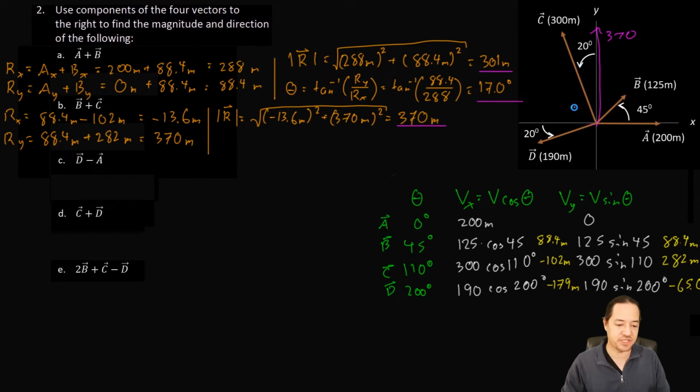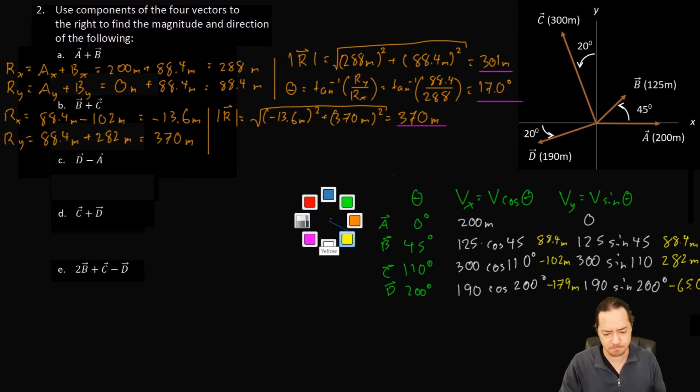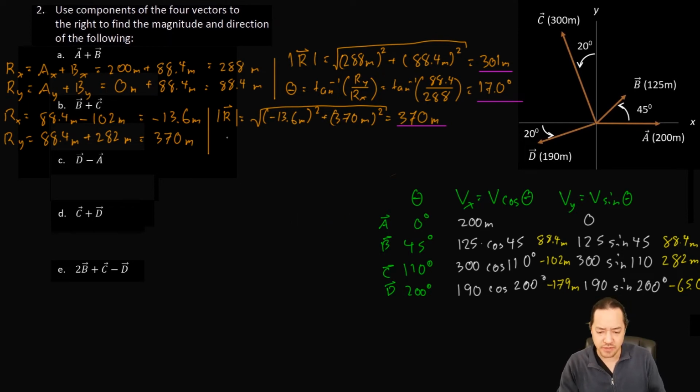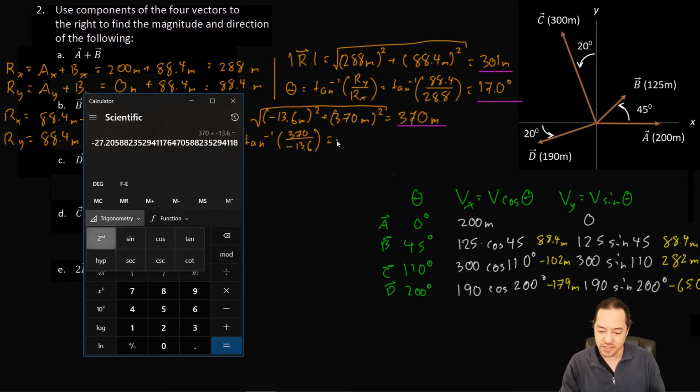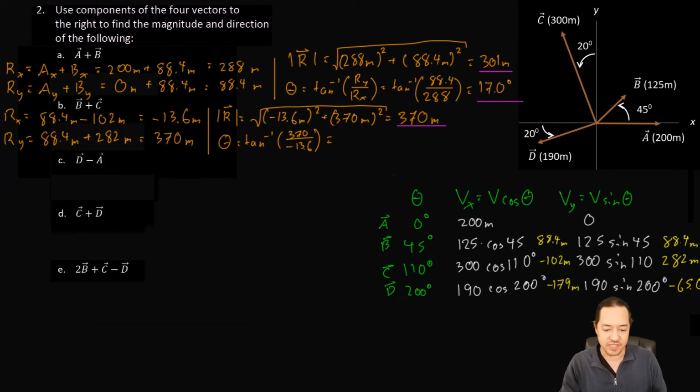There is a small difference, but not within the level of our precision for the significant figures that we're using here. Okay, so let's take a look at theta as the inverse tangent of r sub y, which is 370, over negative 13.6. All right, let's do that. So we got 370 divided by 13.6, which is negative. And we'll take the inverse tangent and we get negative 87.9 degrees.